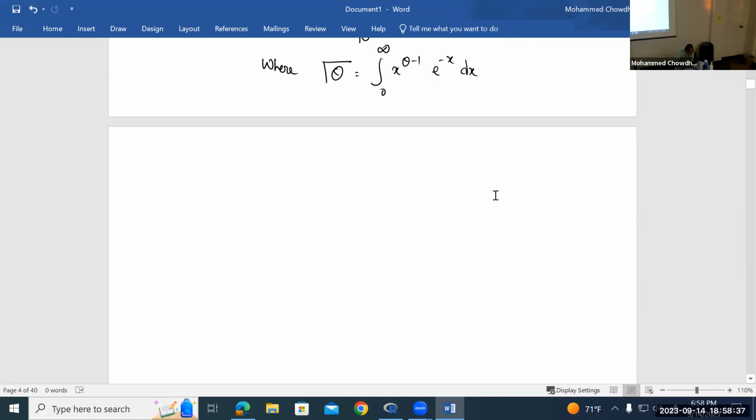Okay, after plugging all of this value in there, we want to find this conditional distribution.